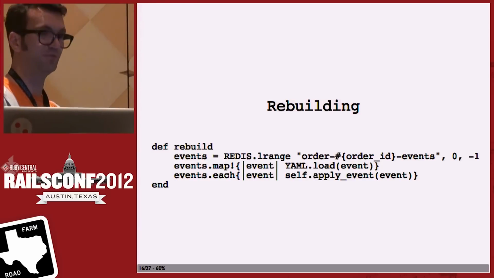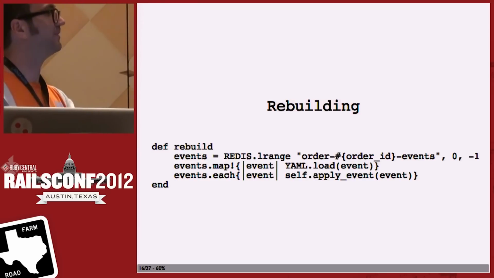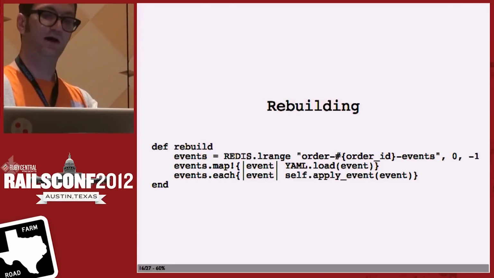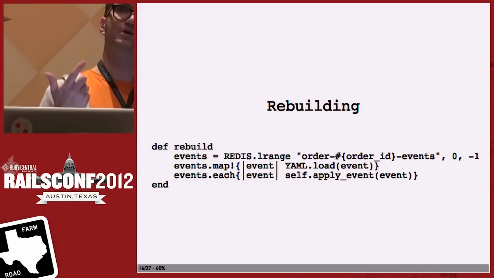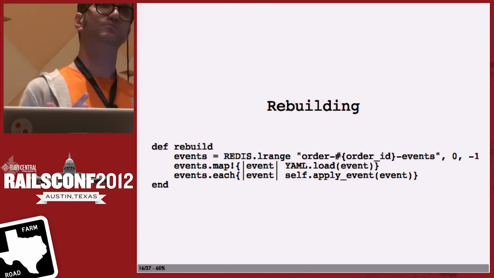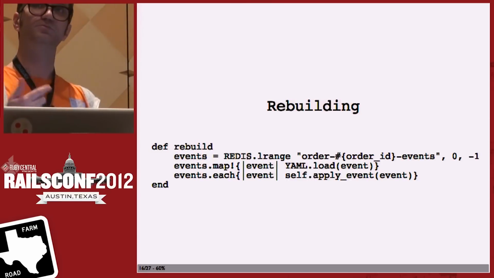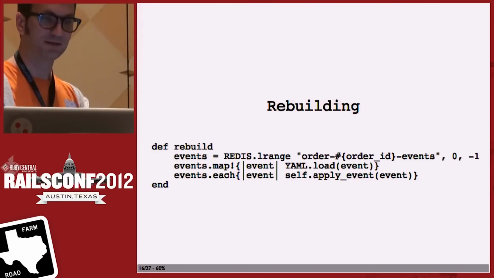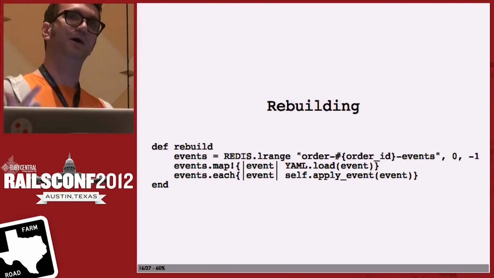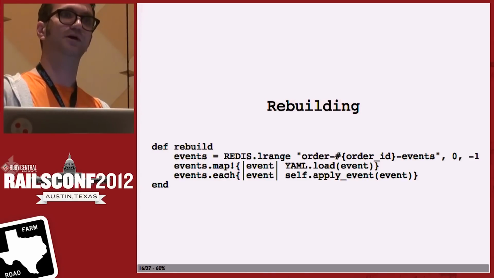So the nifty thing is rebuilding this. If I've got an object and I want to rebuild it, I'm just going to pull the entire history of events. So this is a Redis list, and it's going to be ordered in the order the events came in. And so I'm just going to pull back all the events, map them back into their event objects, and for each object I'm going to reapply that.